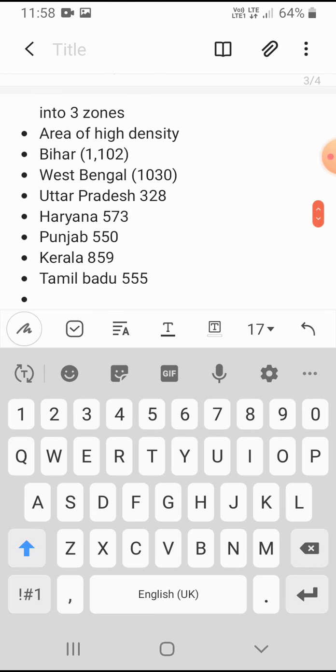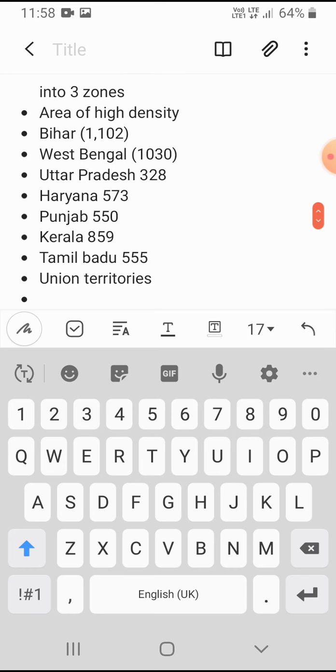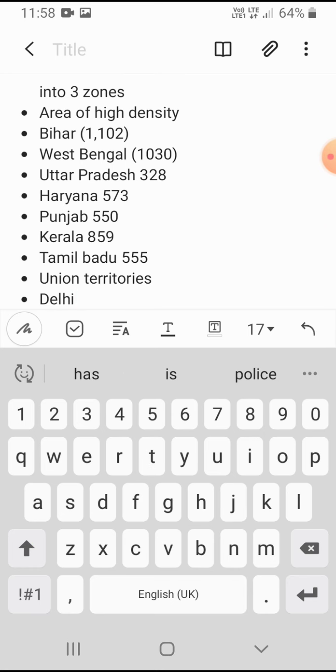States are over. Let's go to union territories. First is Delhi, which has 11,297 people, the highest density.